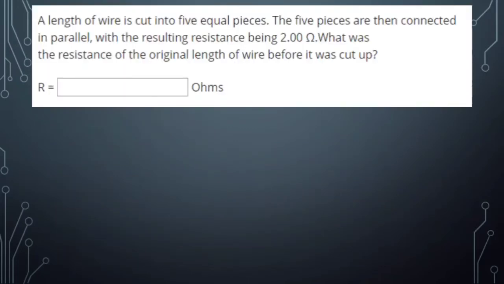So here's an example of a problem that I would give you for a circuit with resistors in parallel. If the length of wire is cut into 5 equal pieces, we're assuming that we're going to have 1, 2, 3, 4, 5 rungs, and that each of these is considered a resistor.